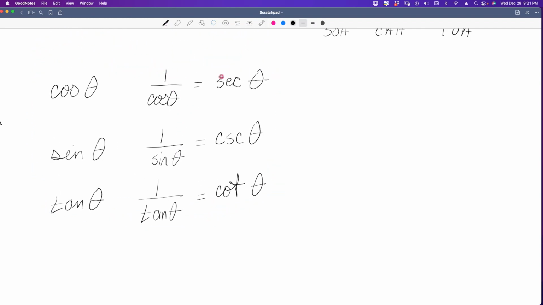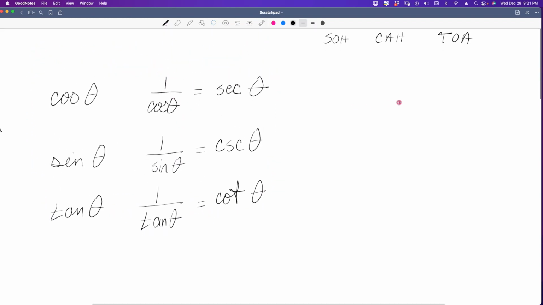When we have the cosine of theta, we know that it's CAH, so the cosine is equal to the adjacent over the hypotenuse.